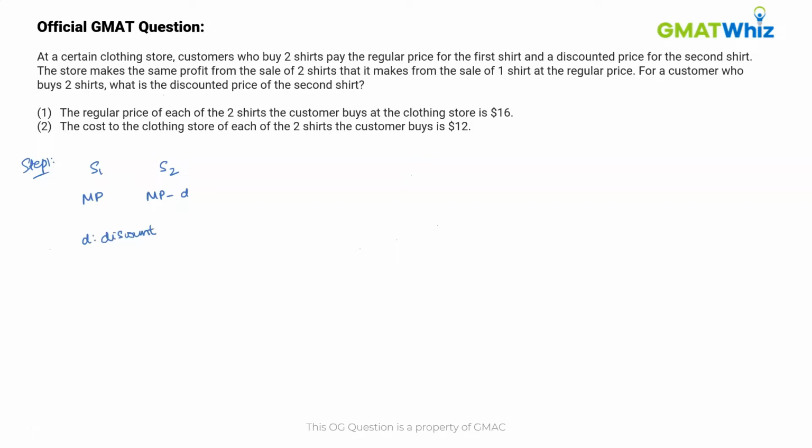Now, the store makes the same profit from the sale of two shirts that it makes from the sale of one shirt at the regular price. So the total profit on one shirt will be equal to the total profit on two shirts.